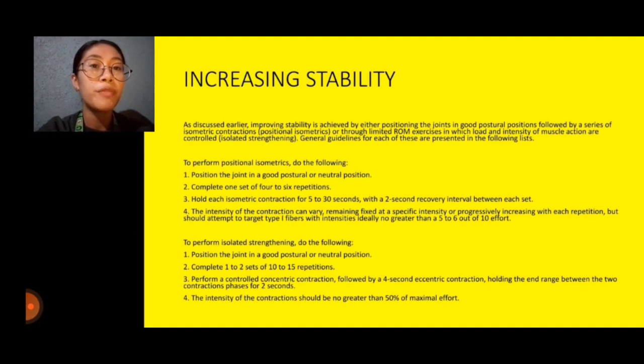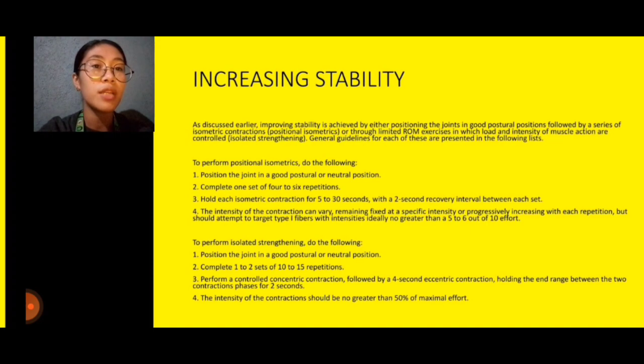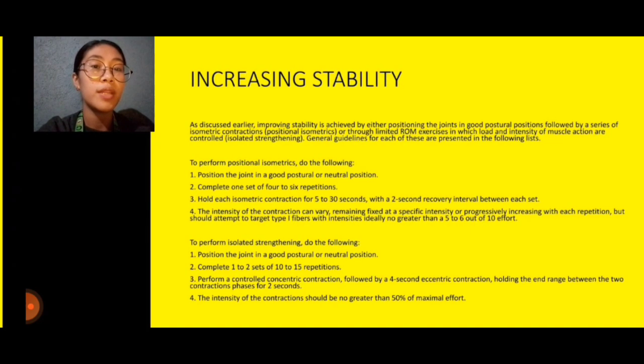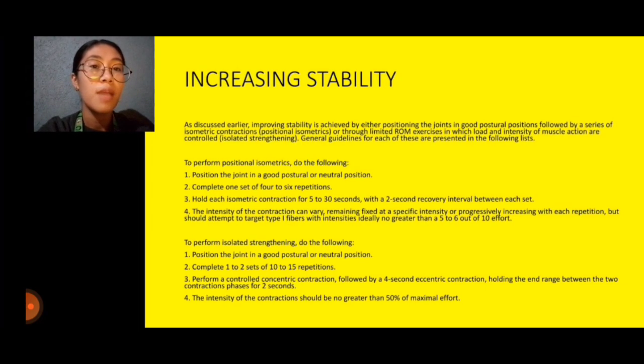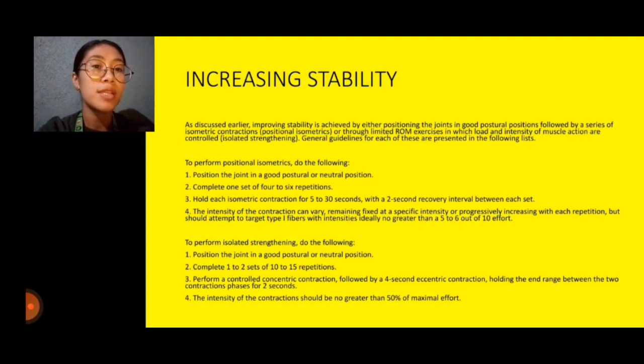First, to perform positional isometrics, do the following. The first one is position the joint in a good postural or neutral position. Second is complete one set of 4 to 6 repetitions. Third is hold each isometric contraction for 5 to 30 seconds with a 2-second recovery interval between each set.